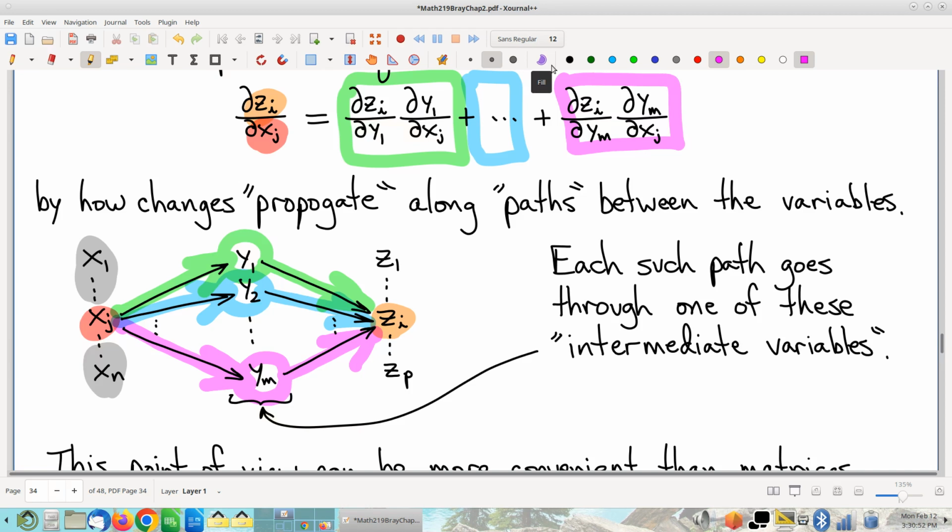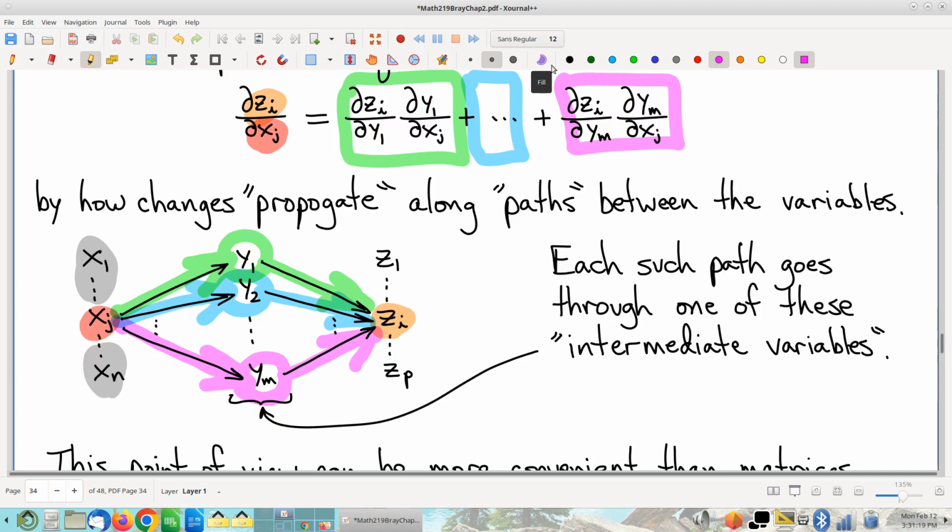That's just a point of view. What I like about this point of view is, again, I don't have to write down the matrix in order to be able to motivate the formula. I can just think to myself, well, look, there's only so many of these, what we call intermediate variables, the variables in the middle, as it were. Each one of these intermediate variables corresponds to a path along which changes can propagate.